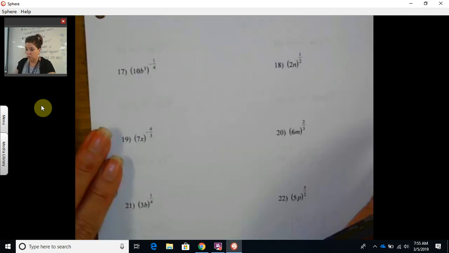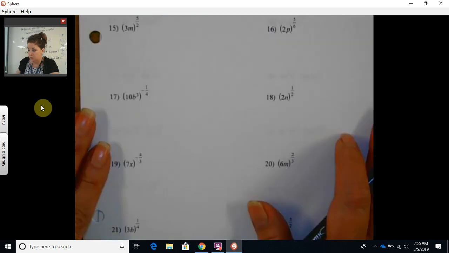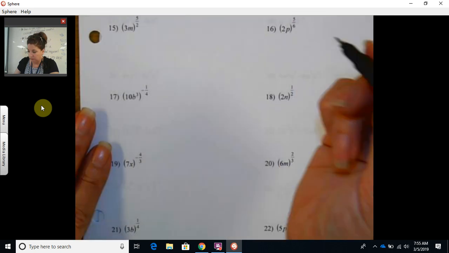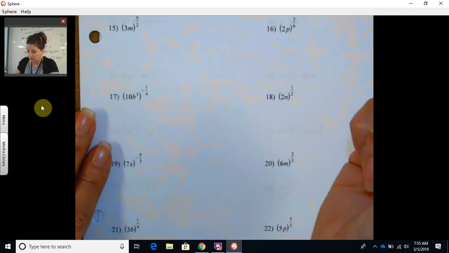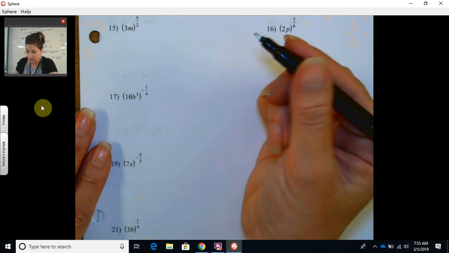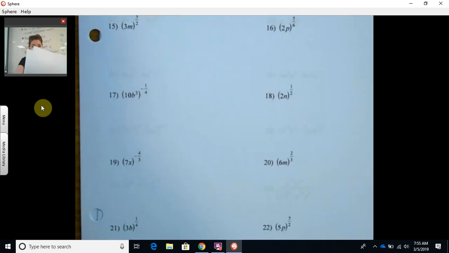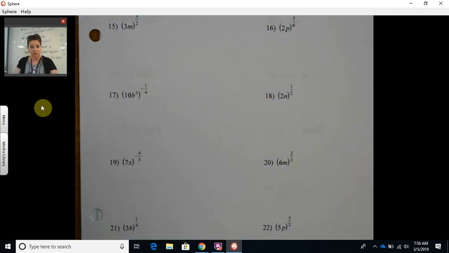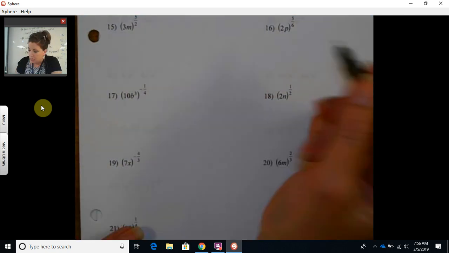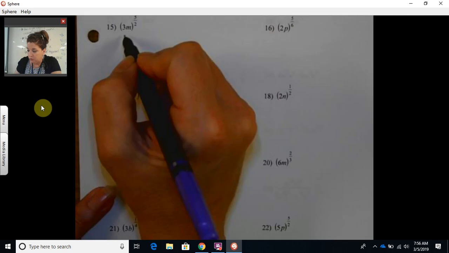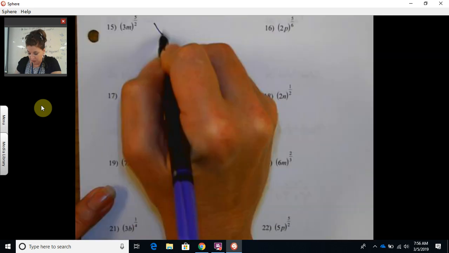15 through 22, write in radical form. That's going to take 2 seconds to do each one. Okay, so 15, let me write that in radical form. What's my index on this one? 2.